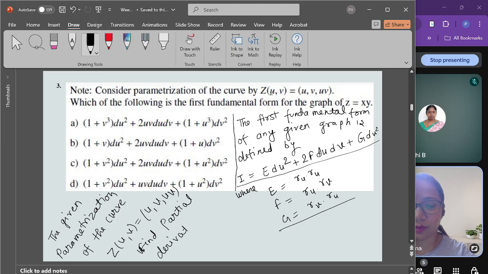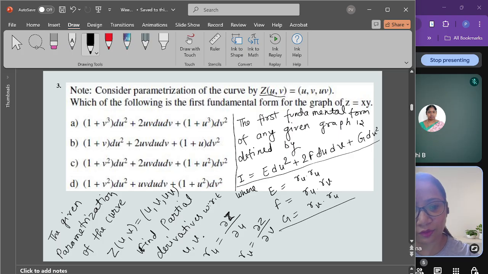I already told you that Ru is represented by del R divided by del u, here in the form of Z, and Rv is del Z with respect to del v.